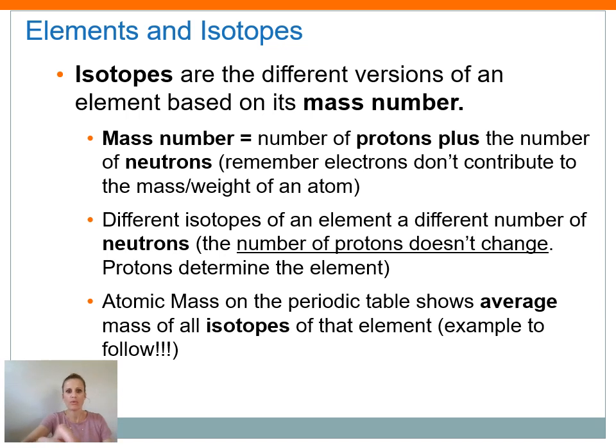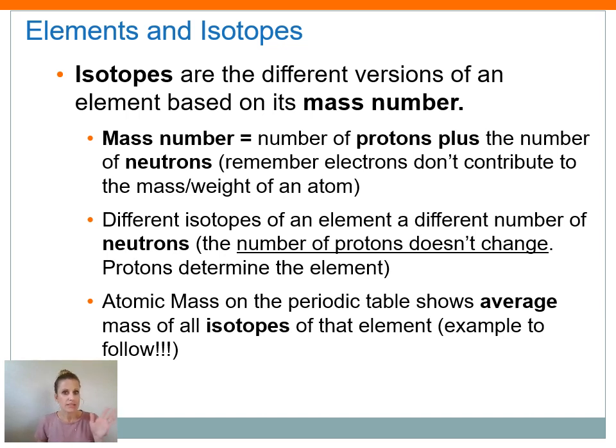Now, actually, before we talk about isotopes, before I talk about this page, let's talk about electrons really quick as well. So when we first look at an atom, before anything has happened to it, before it reacts with anything, before it mixes with anything, the basic element is neutral. It has no overall charge.